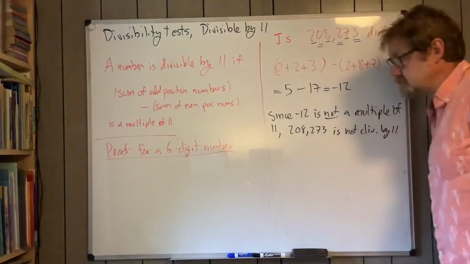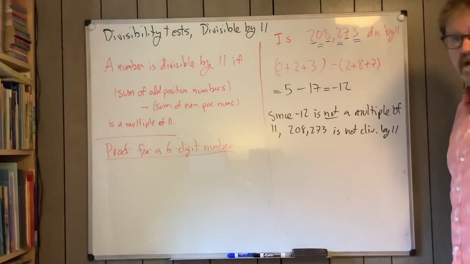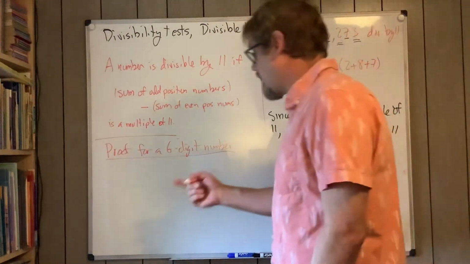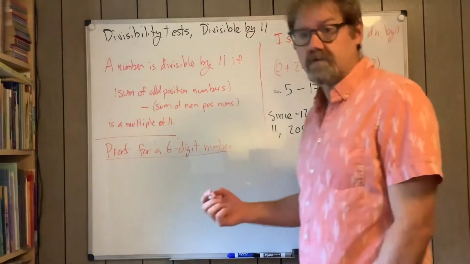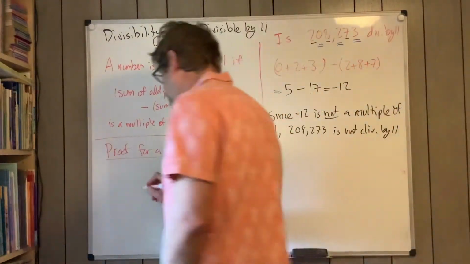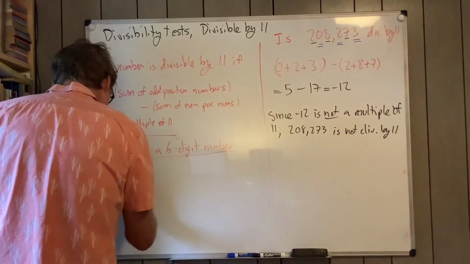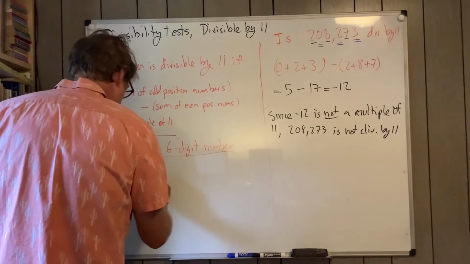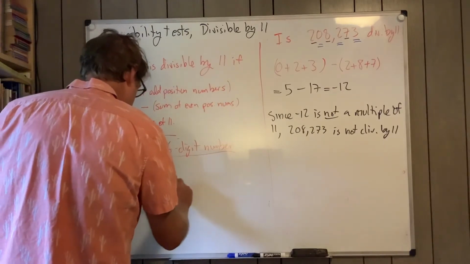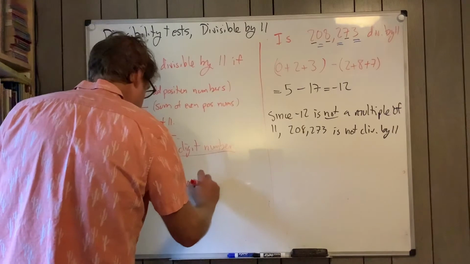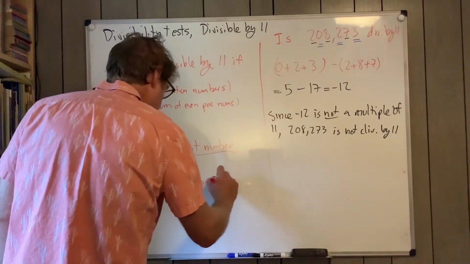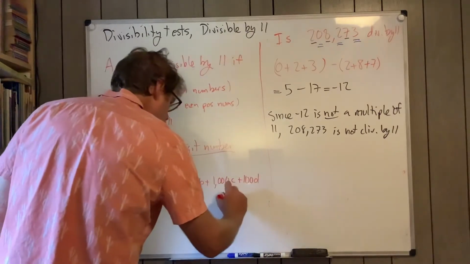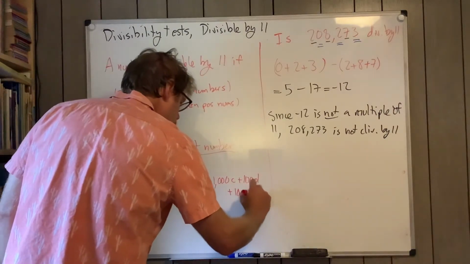What we're going to do is let n be the number we're looking for. So let n equal 100,000 A, 10,000 B, 1,000 C, 100 D, 10 E plus F.